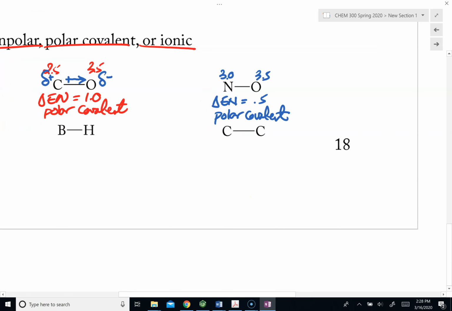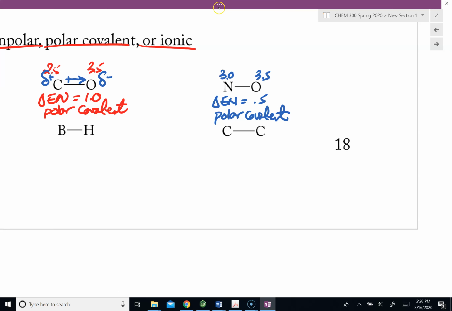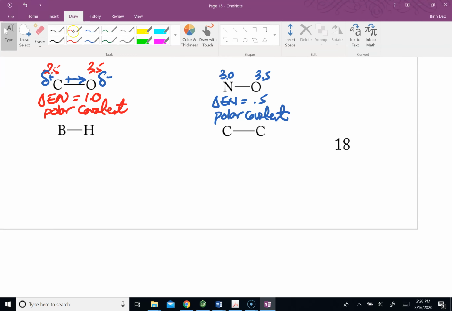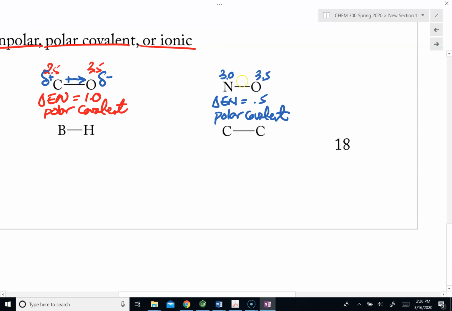Now, it would not be as polar compared to the bond between carbon and oxygen. So as we draw the dipole moment, we would be drawing a dipole moment that again is smaller, and it has to be pointing to the oxygen atom. The other end has a partial positive charge. In this case, it's slightly partially negative here and slightly partially positive right there.